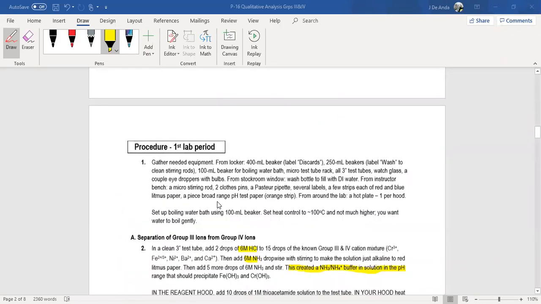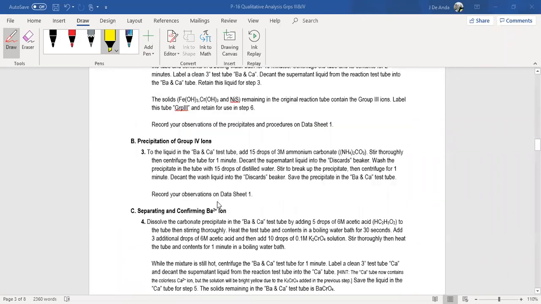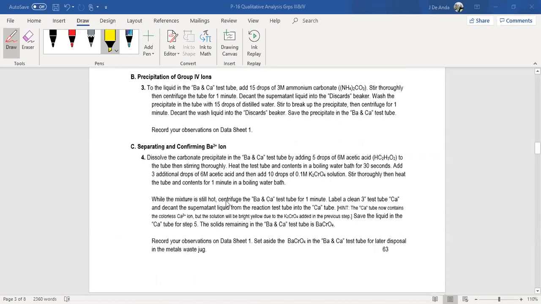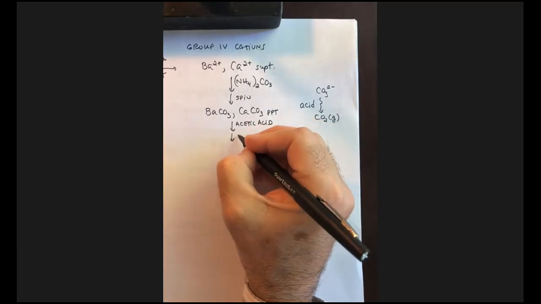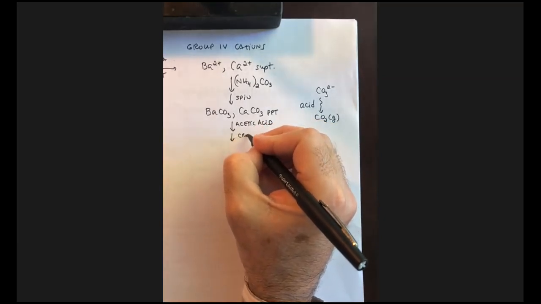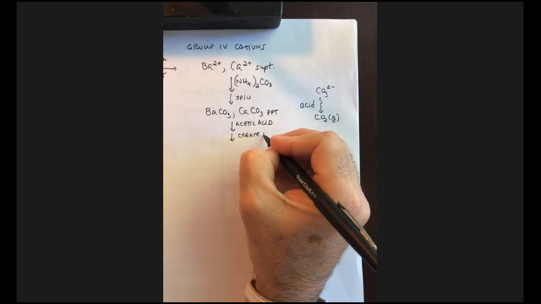When you look at the explanation here, you'll realize that you are generating a buffer. The combination of the ammonium ions that were in here and the addition of acetic acid is going to give you essentially a buffer.